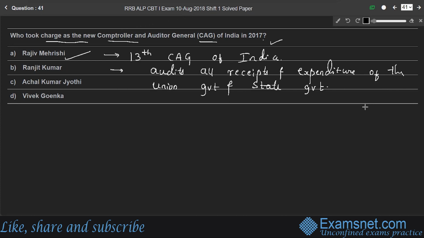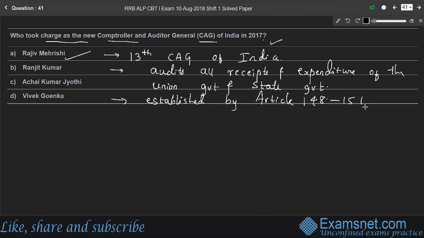This is established by Article 148 of the Constitution of India. The CAG is mentioned in the Constitution of India under Articles 148 to 151.